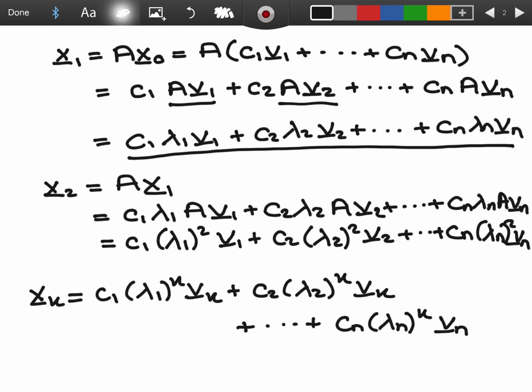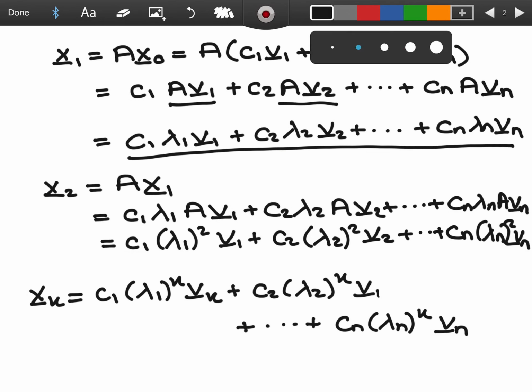Sorry, I put a k on there by accident, that should be a 2. So that's what I get after k iterations.